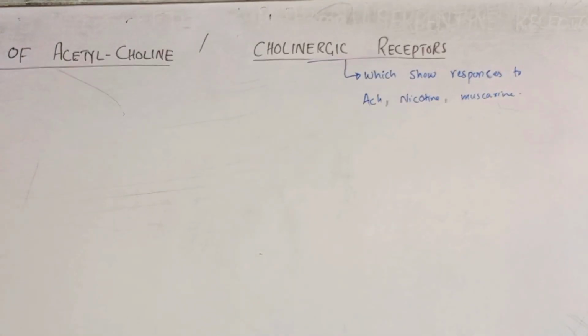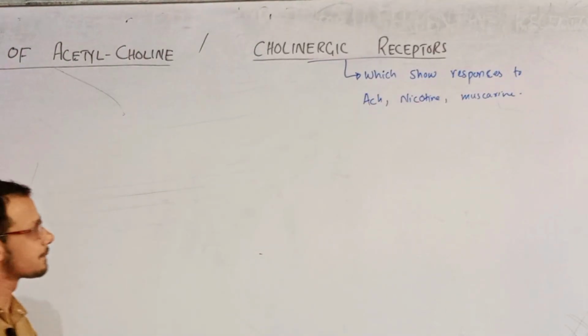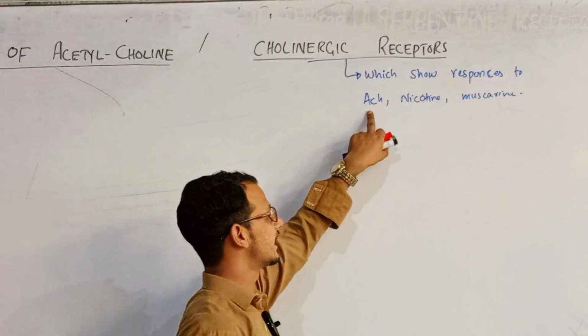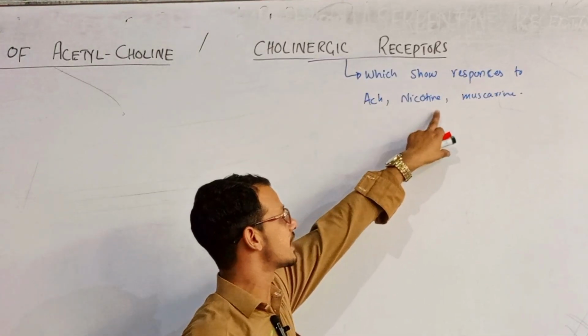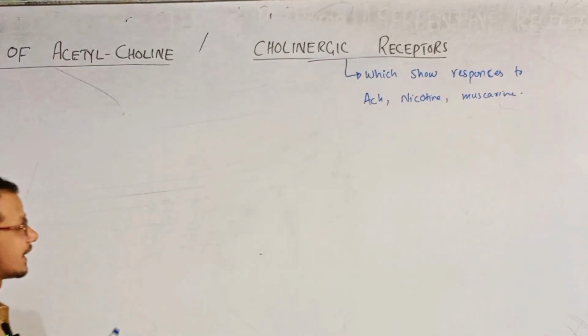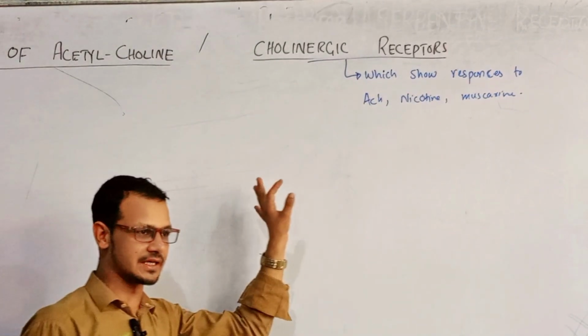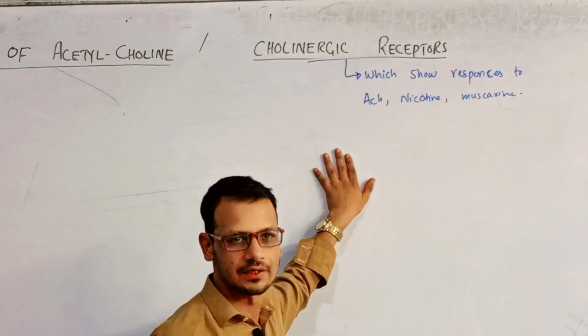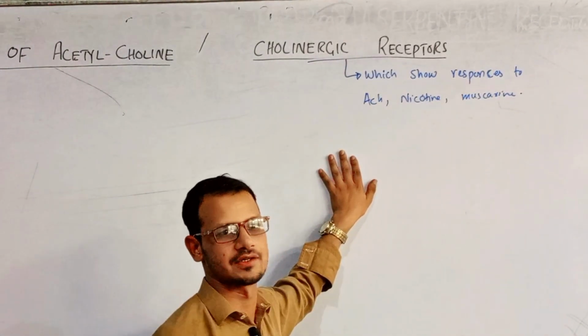Right, these are the receptors which basically show responses to acetylcholine and other substances which look like acetylcholine. Cholinergic receptors are present on cholinergic neurons and cholinergic effector sites.